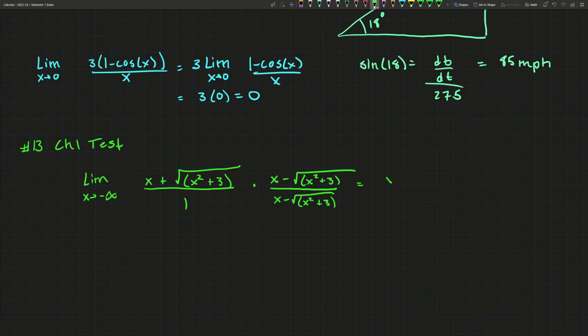That gives us x squared minus (x squared plus 3) over x minus that stuff, which is equal to just negative 3 up top, and x minus the square root of x squared plus 3. And we're taking the limit as this approaches negative infinity. So once we get here, we can start to plug things in.